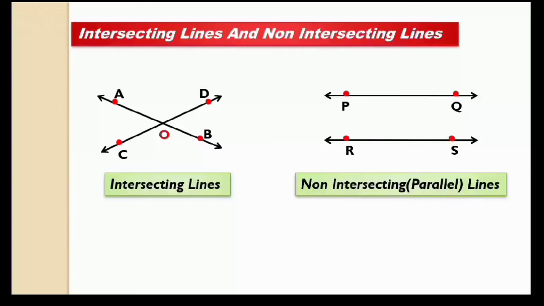In this diagram also you can see that in the first diagram, lines AB and CD are intersecting each other at point O. They are intersecting lines. And in the second diagram, lines PQ and RS are non-intersecting lines, they are parallel to each other. It means the distance between both the lines is equal. These types of lines are called parallel lines.